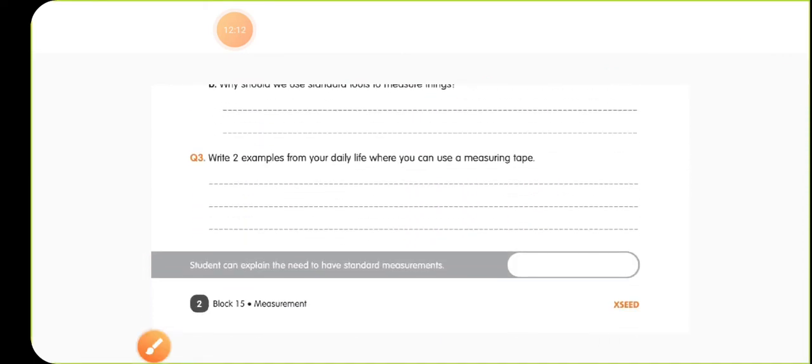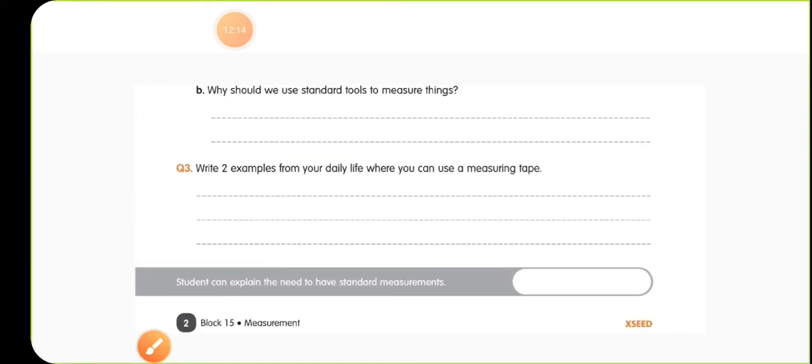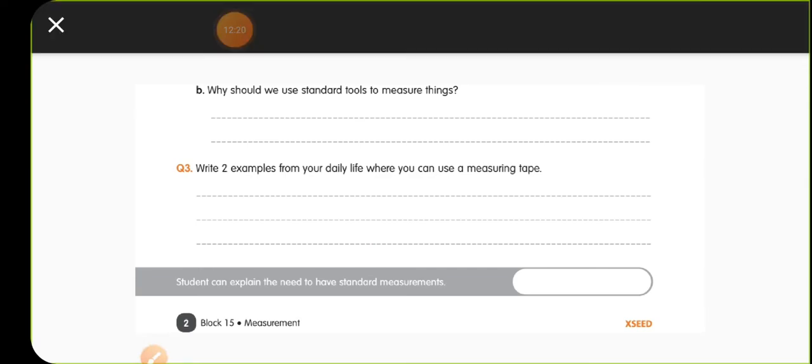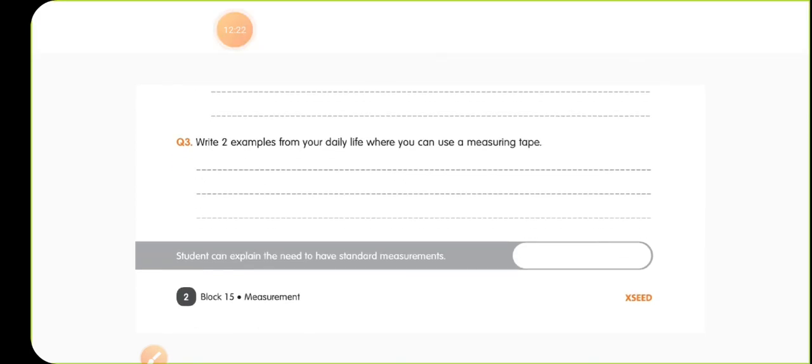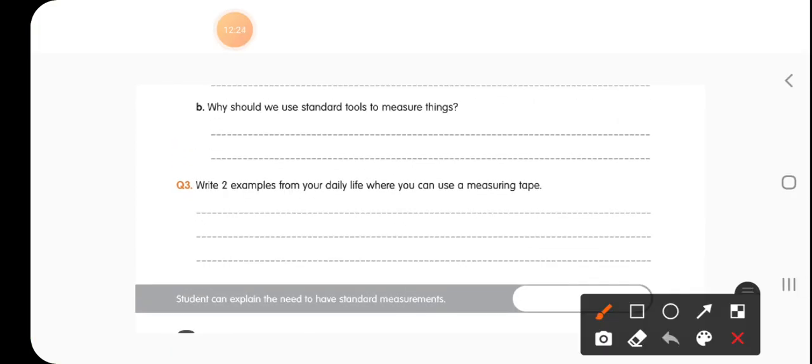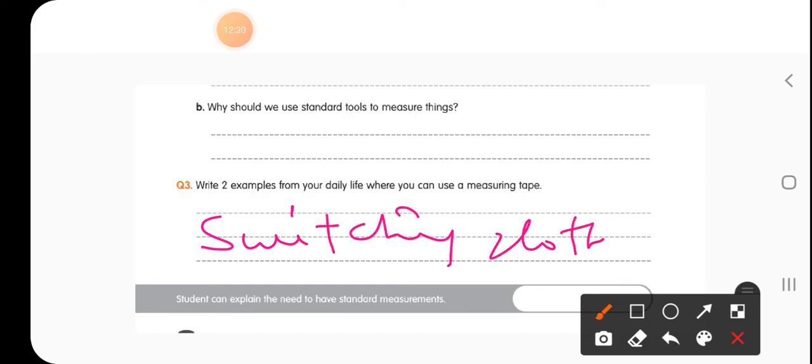Now the third question: write 2 examples from your daily life where you can use the measuring tape. In our daily life, we use the measuring tape while stitching clothes, and we even observe a carpenter using the measuring tape. Okay, children.